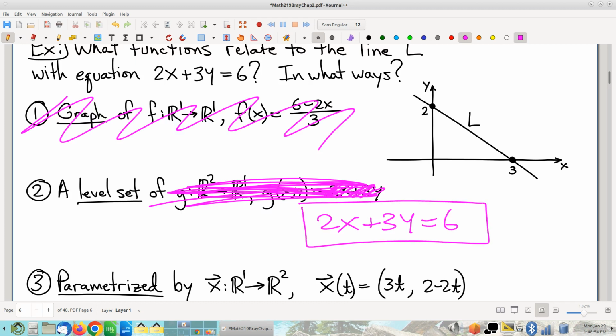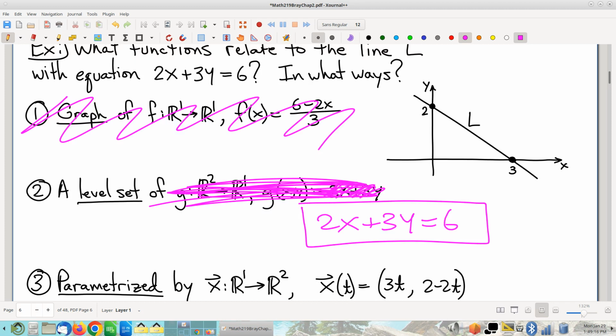That's not a function. That's an equation. Right? So remember, a function very specifically has a domain, it has a target, and it has a rule of assignment that takes an input value and gives you an output value. That's not what this is. This is an equation, right? That says that the left side equals the right side.